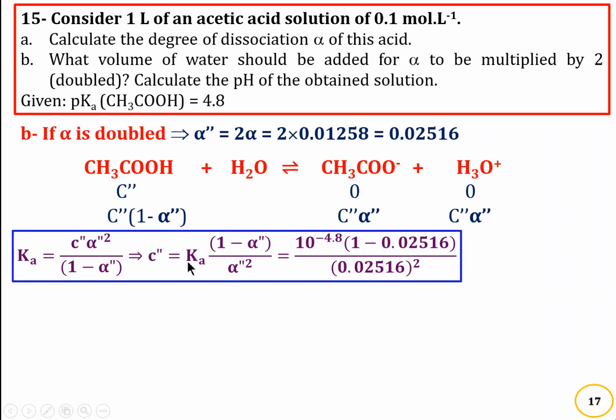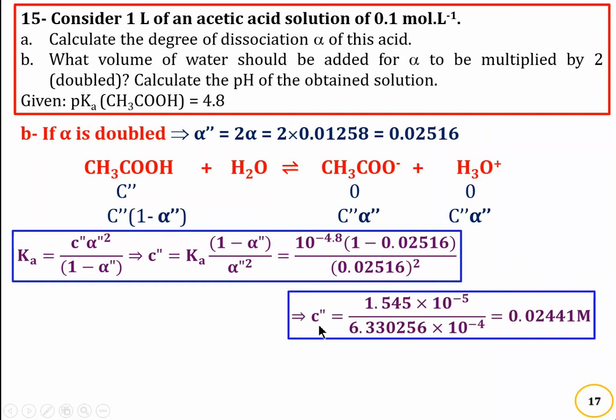So C second equals Ka(1 minus alpha second) divided by alpha second squared. You put the values, and you obtain the concentration equal to 0.02441 molar.